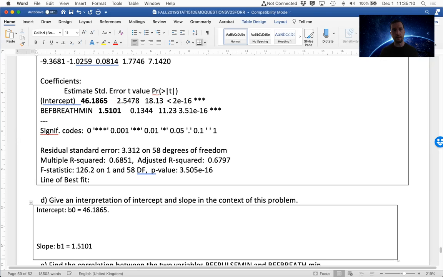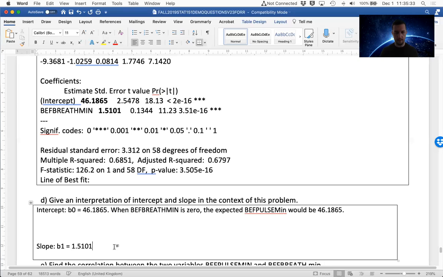Okay, so this is telling us when breath min is 0, the expected pulse min would be 46.1865.